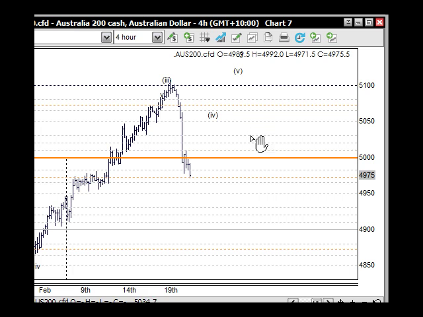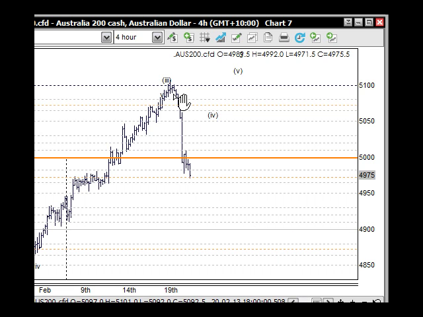The distance of the C wave coming down will depend on how far the B wave goes up, because if the B wave rally goes up really high, then it's really buoyant, isn't it? It's strong. So then the C wave will be lower through here, and we'll see that as a flat correction. But if the B wave was lower, then we would expect the C wave to come down further as well.